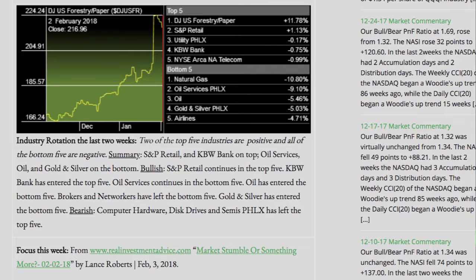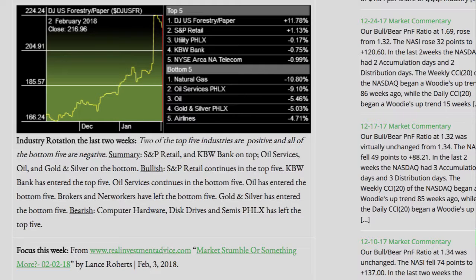Industry rotation the last 2 weeks. 2 of the top 5 industries are positive, and all of the bottom 5 are negative. Summary: S&P Retail and KBW Bank on top. Oil Services, oil, and gold and silver on the bottom. Bullish: S&P Retail continues in the top 5. KBW Bank has entered the top 5.